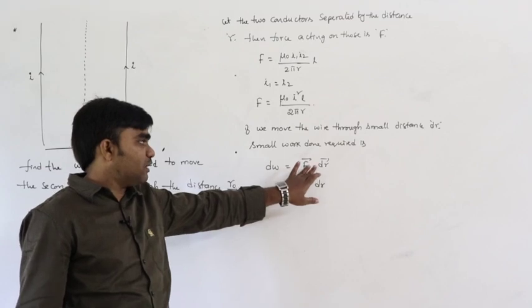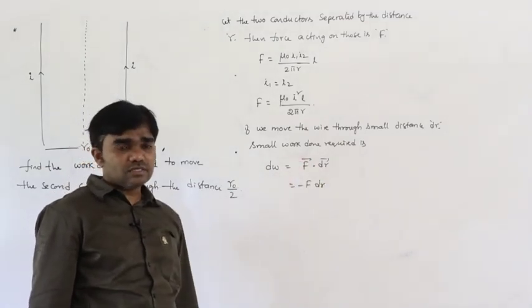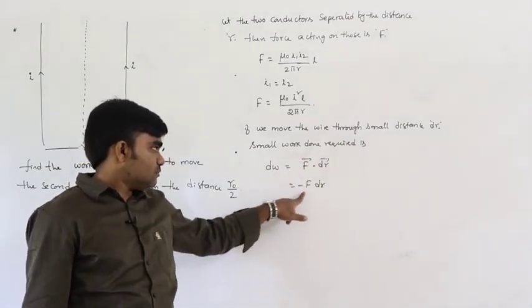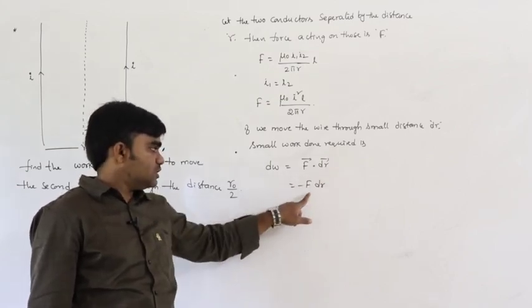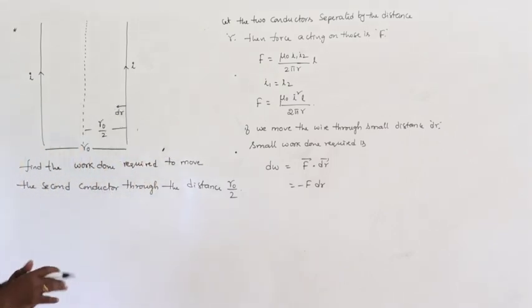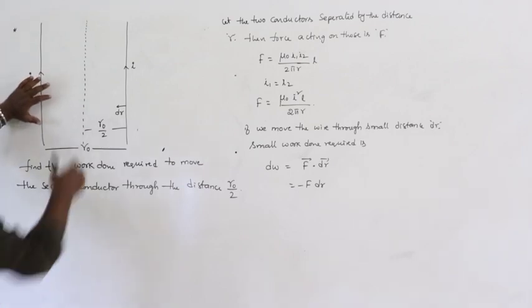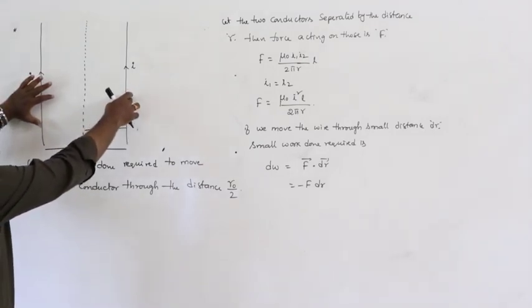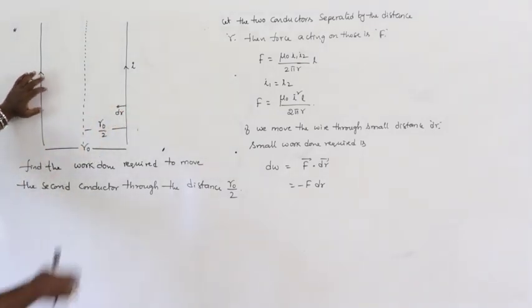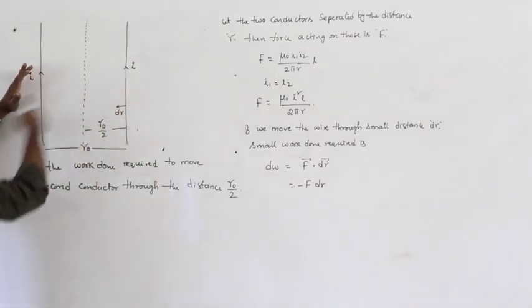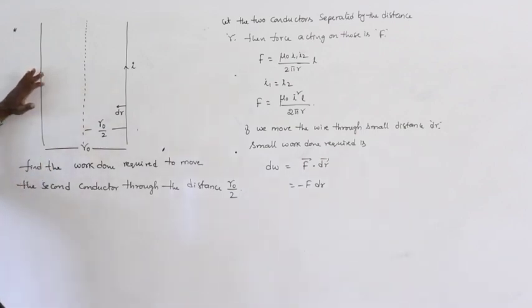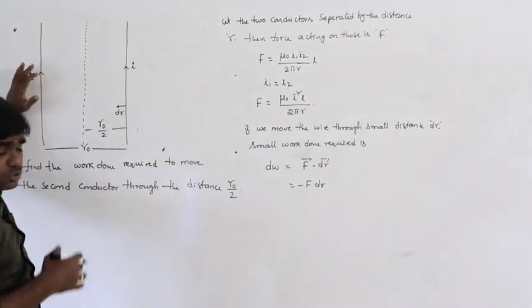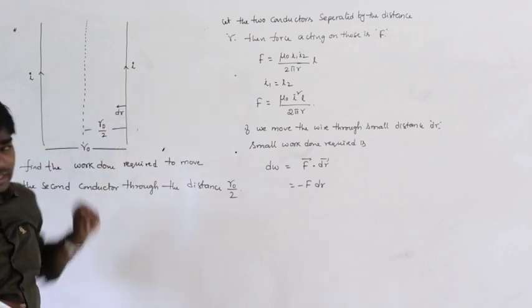Here I am writing F bar dot dr bar, which gives minus F dr. Why is it minus? Because the force is attractive. If you leave this wire, due to the attractive force it moves towards this. To avoid that motion, we apply the force in the opposite direction.